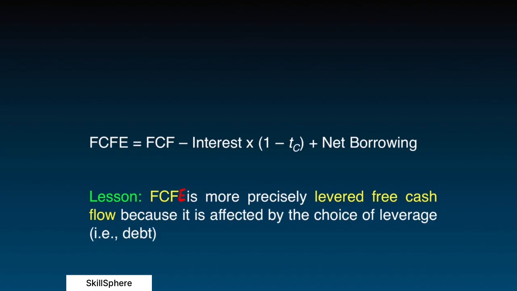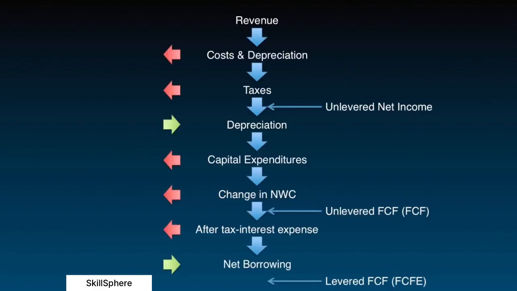So let me show you what we've just discussed schematically in terms of a hierarchy that's getting us a little bit close to an income statement, right? Remember, free cash flow starts up at the top with revenue. The revenue comes in. We're going to pull out the depreciation and costs. We're going to pull out our taxes. Okay? That's going to give us our unlevered net income.